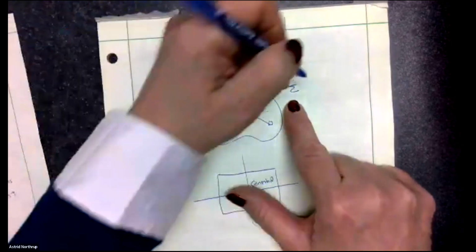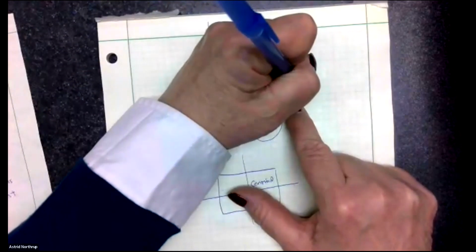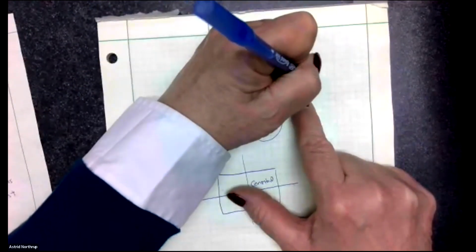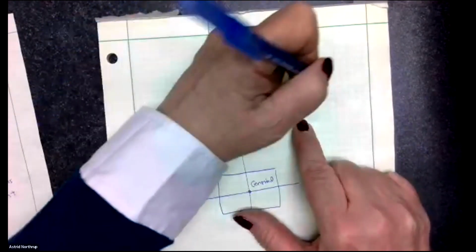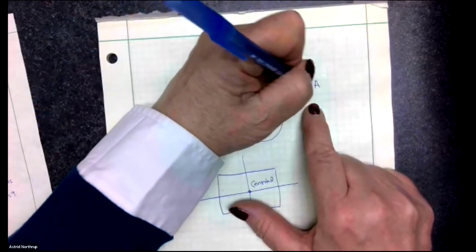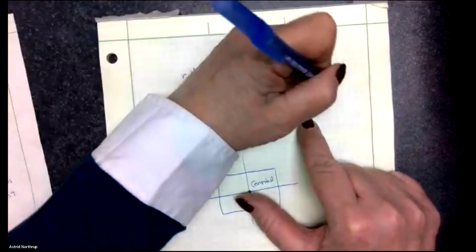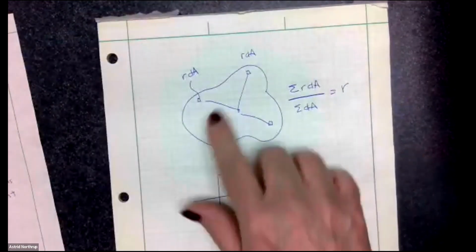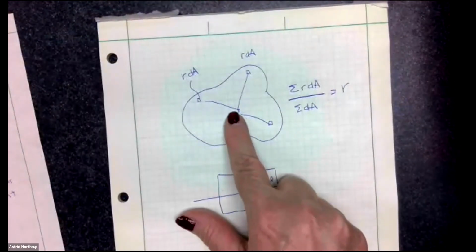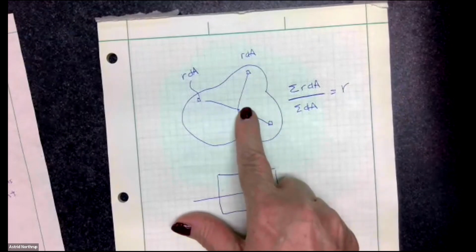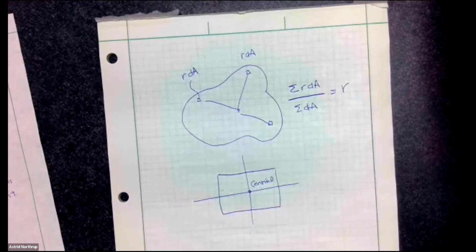So the summation of those individual R dA's, if we divide it by the total area, which is just the summation of areas, we're going to get some sort of an R, which is the moment arm that would lead us to the center. Now we're going to get some better math than this, but I'm just giving you that idea.